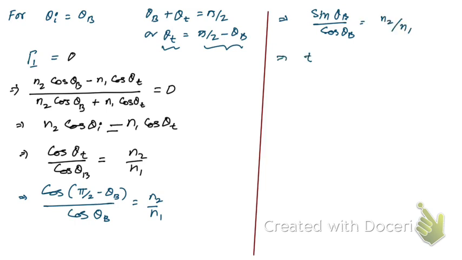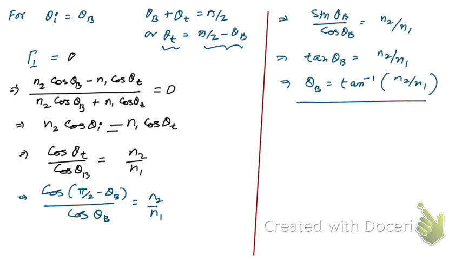So that's going to be tan theta b is equal to n2 by n1. So theta b is equal to tan inverse of n2 by n1. So this is the Brewster's law, right?